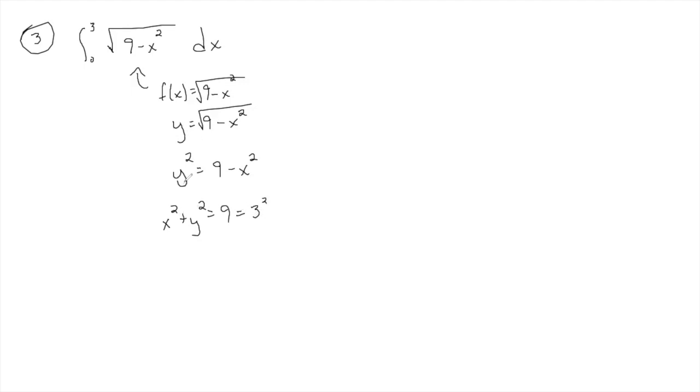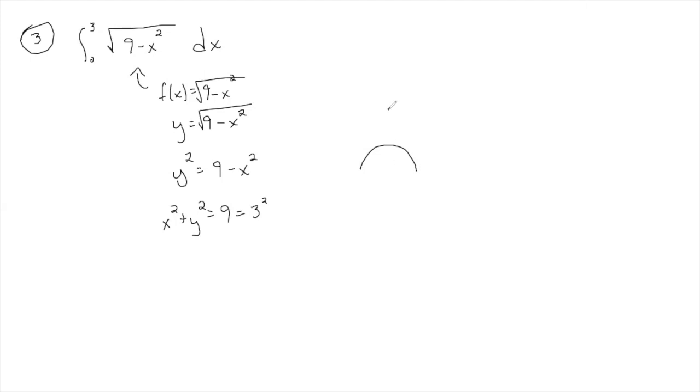And if I were to do this process backwards, notice that here I'm only taking the positive square root, right? If I got to here and I wanted to take a square root of both sides, I'd have to have a plus or minus here, right? To take care of the top half and the bottom half of the circle. But since I only have the positive, I only get the top half.